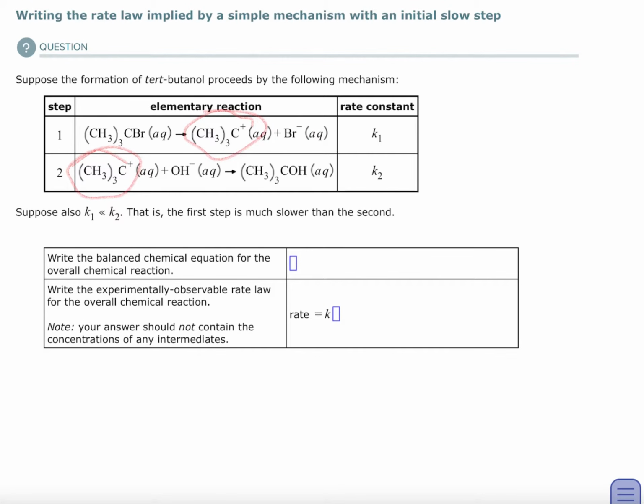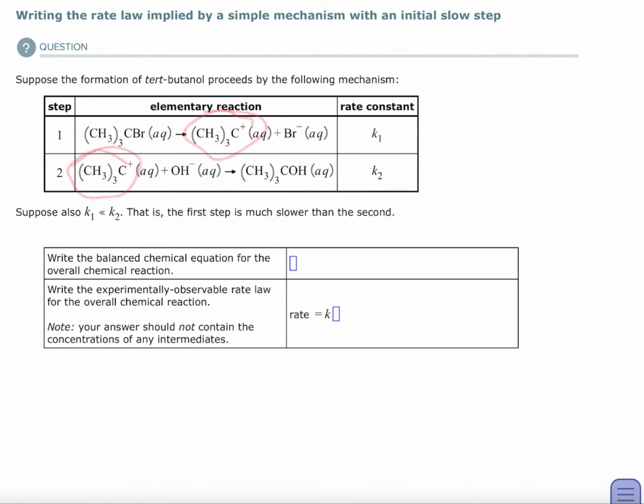So that intermediate is short-lived, and it's basically only there during the initial parts of the chemical reaction, and then you don't see it as either a reactant at the beginning or as a product at the end. For that reason, you cannot use it as part of your rate law. You can't say the concentration of this intermediate is part of it because that intermediate's not there at the beginning and it's not there at the end.